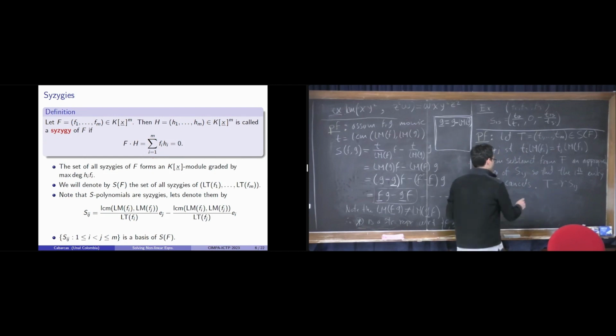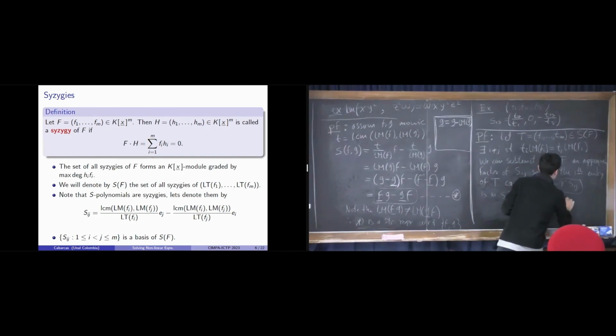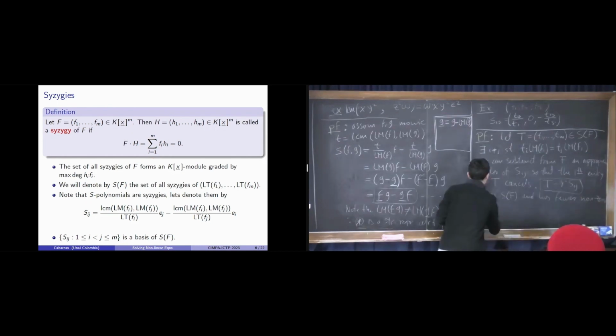So the result is a CCG, again in SF, but with fewer non-zero components.